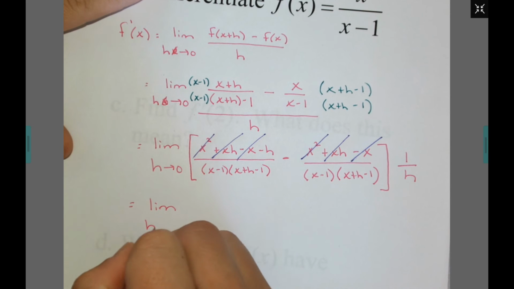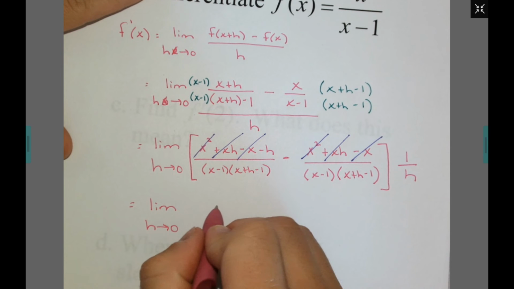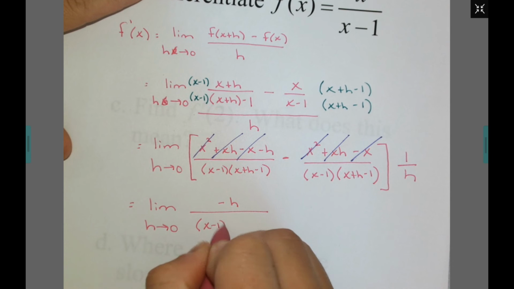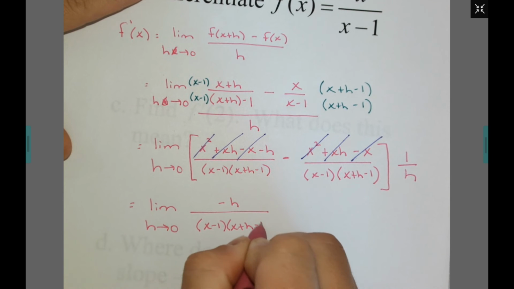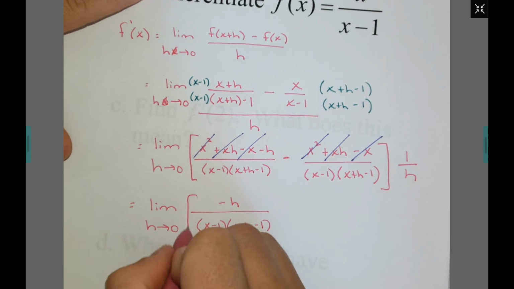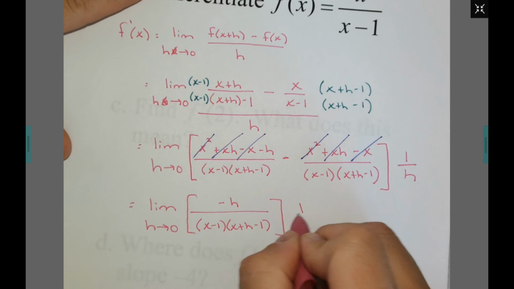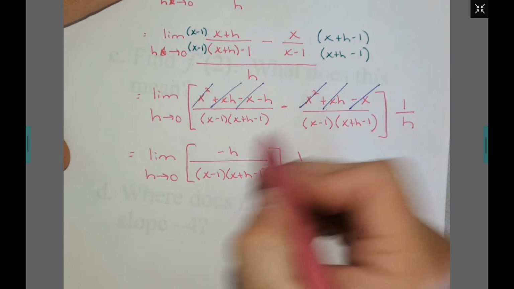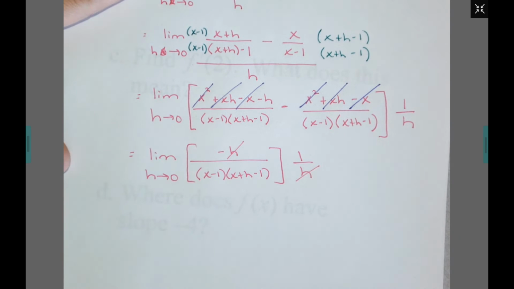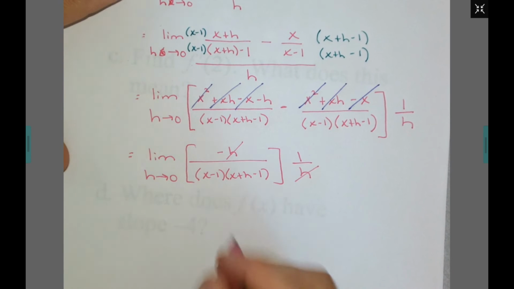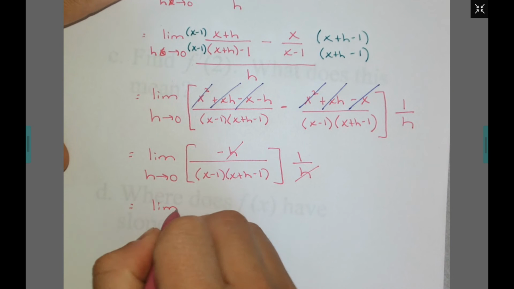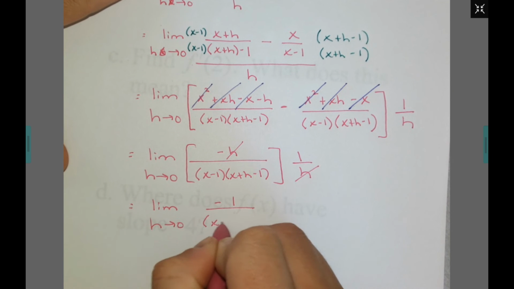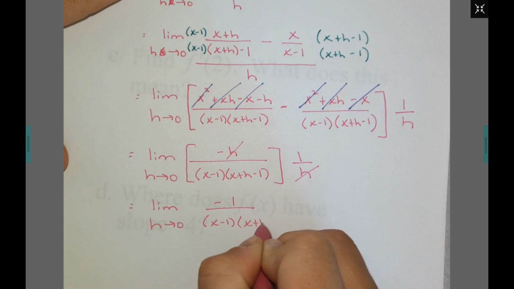So we have the limit as h goes to 0 of negative h over x minus 1, x plus h minus 1. We are multiplying all of that by 1 over h. From there, multiplying all that by 1 over h, the h is reduced out, and we get, not a final answer, but our limit simplified down to be negative 1 over x minus 1, x plus h minus 1.